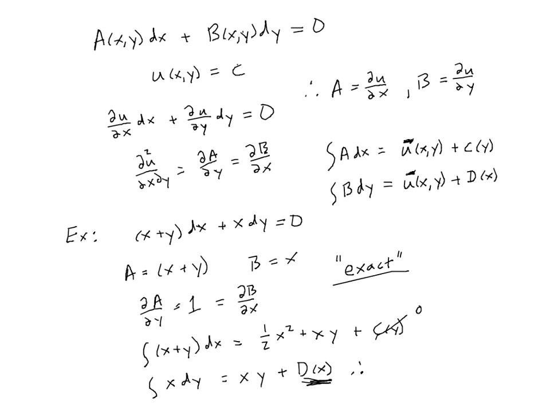So therefore, we could say that our solution u of x and y is equal to 1/2 x squared plus xy is equal to c. Okay? And so that's how, if it's exact.